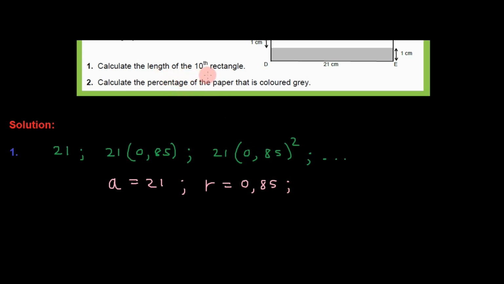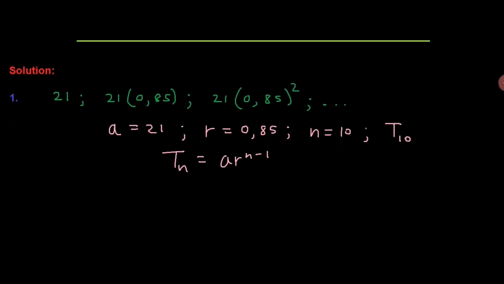We must find the length of the 10th rectangle. So n is 10, and we are looking for the 10th term in this sequence. So we're looking for t sub 10. So we can use the formula for t sub n. It's ar to the n minus 1. So t sub 10 will be a, which is 21, times r, which is 0.85, to the n minus 1, so 10 minus 1, which is 9.